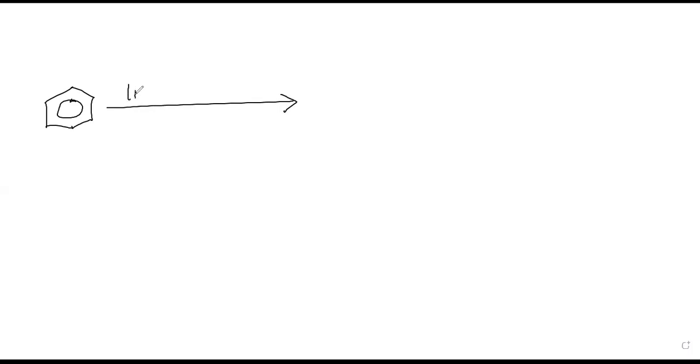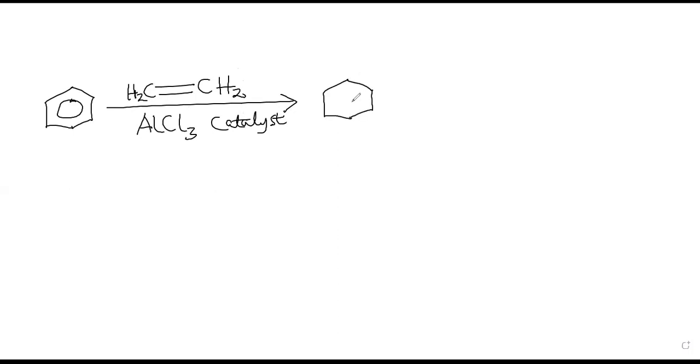You can use ethene, H2C double bond CH2, with aluminium chloride catalyst, as we saw. So this one will first form for you this, CH2CH3. Now, here we use a rare mixture to convert it to phenylethene.